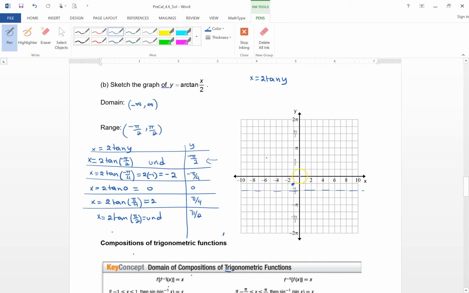If y equals 0, x is 0. When y equals pi over 4, x is equal to 2. And at the pi over 2, x is undefined because we have an asymptote. And here. All right?